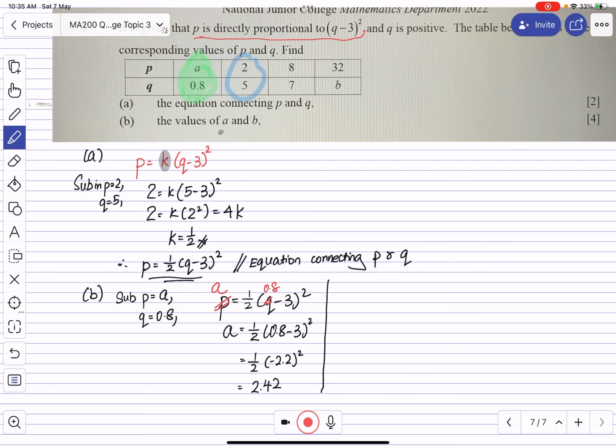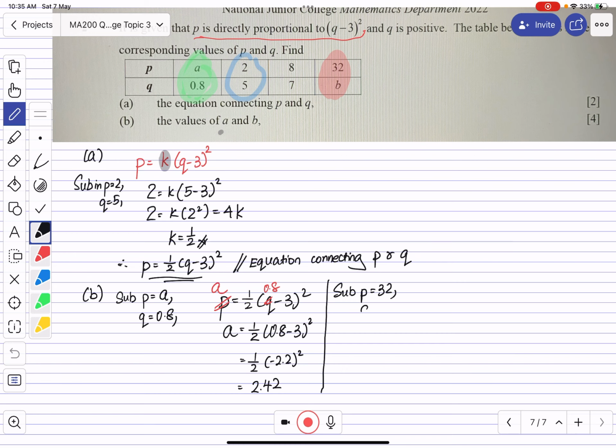Next, I go to this set of values, P equals 32 and Q equals B. I substitute P equals 32 and Q equals B, which will allow me to find my B. Same equation: P is half of (Q minus 3) squared.